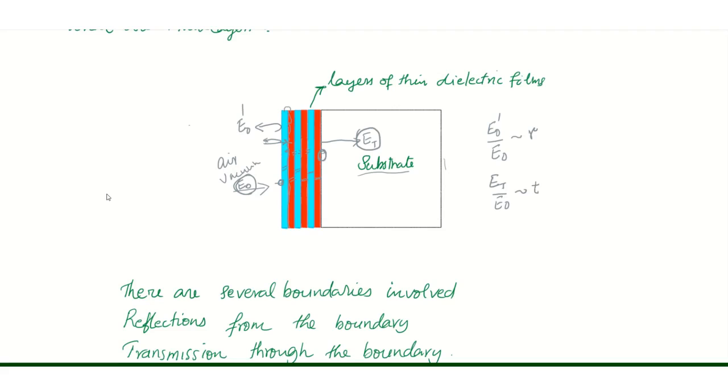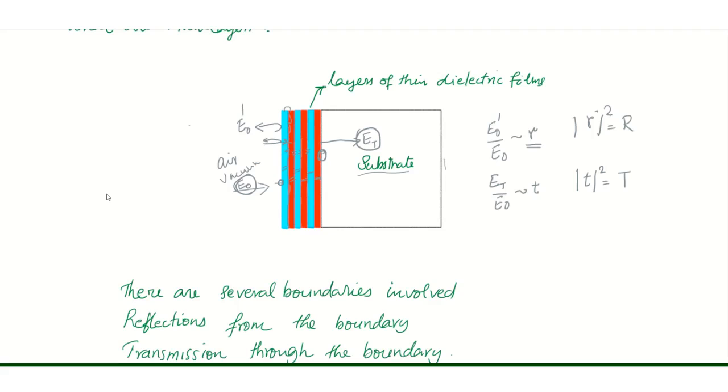These are some of the things that we can actually measure, or rather we can measure the square of that. What we measure is the intensity, and therefore the square of it will give you the ratio between the intensities. And similarly, we will have something like this, I'll call it capital T. You can relate all these things.